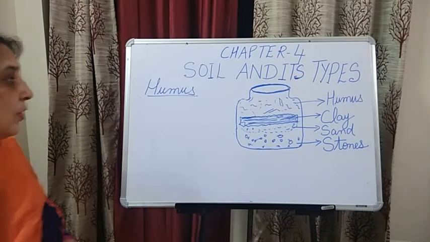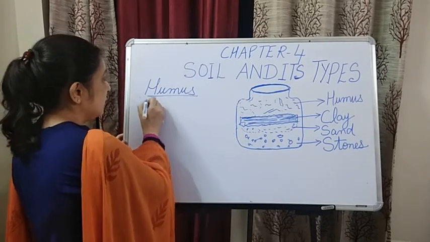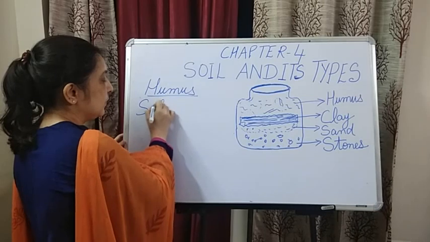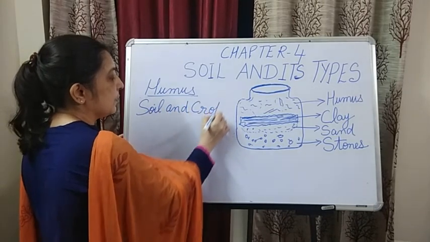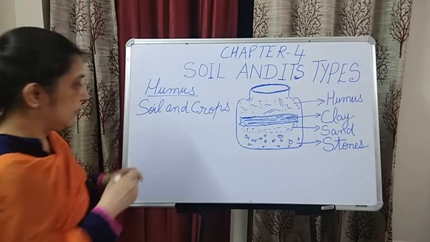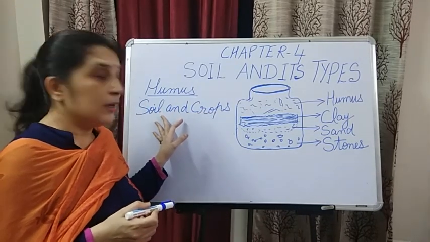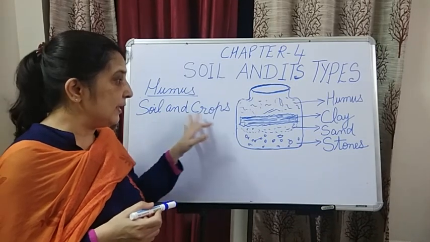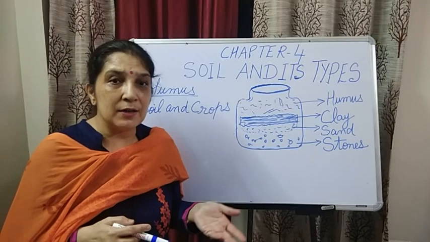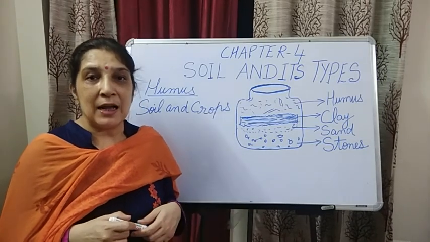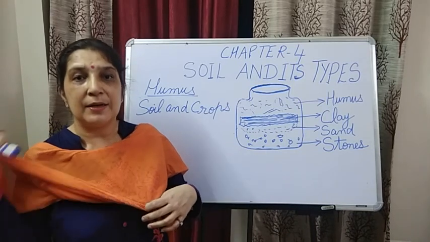Now today we are going to discuss the next topic, soil and crops, right children? Soil, you know now, is the topmost layer of the earth on which the plants grow. Now crops: farmers grow different kinds of crops in their fields. And we all human beings are dependent on the plants, even animals are dependent.